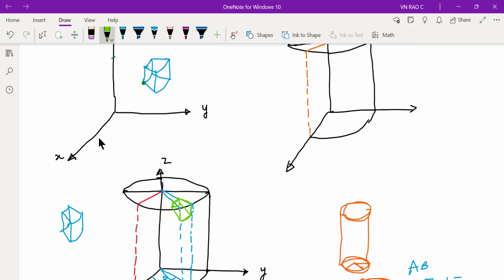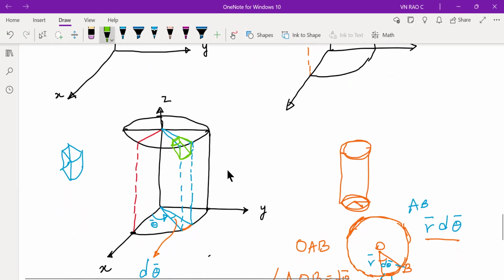Now in this place, you should actually understand better. If I extend this and go into this corner, let me take red color, and if I extend this point and go to this corner, this is nothing but r, and this small portion is dr. The small angle is d theta.